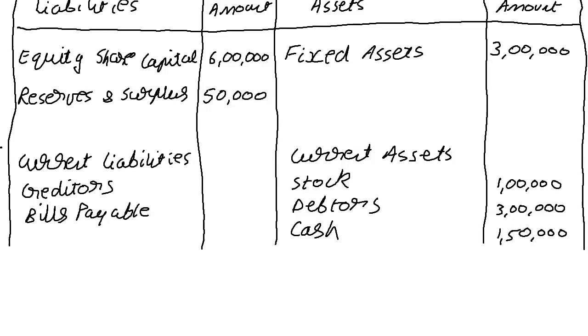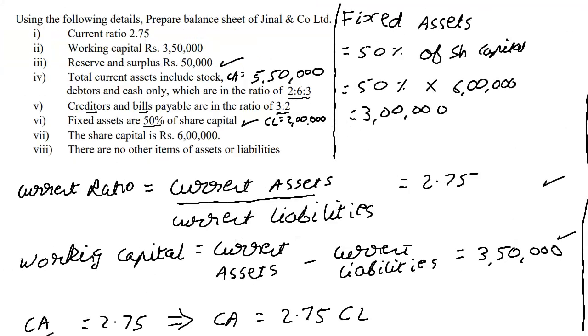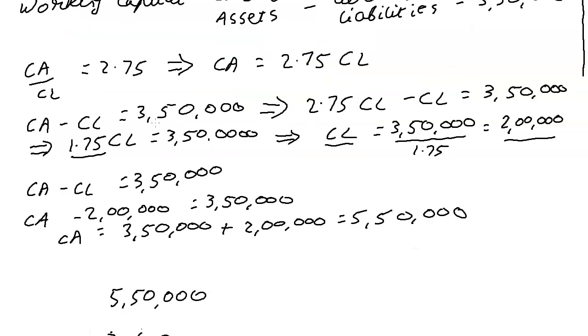Now, going further, I need to break up 2 lakhs, which is current liabilities, in the ratio of 3:2. Why 3:2? Why only creditors and bills payable? Because they have said there are no other items of assets or liabilities. So I have to understand that these are the only 2 current liabilities. So I need to find out what their values are because they've given us a ratio. 3:2, I'm breaking up 2 lakhs.